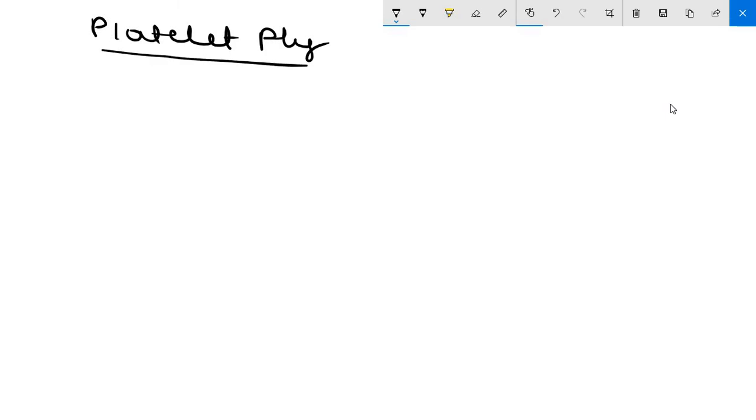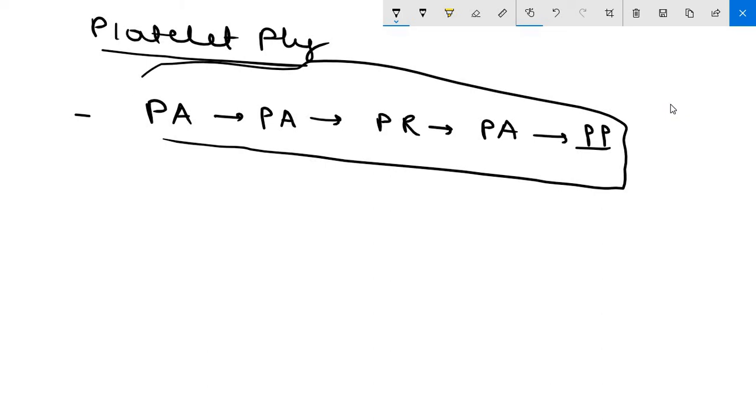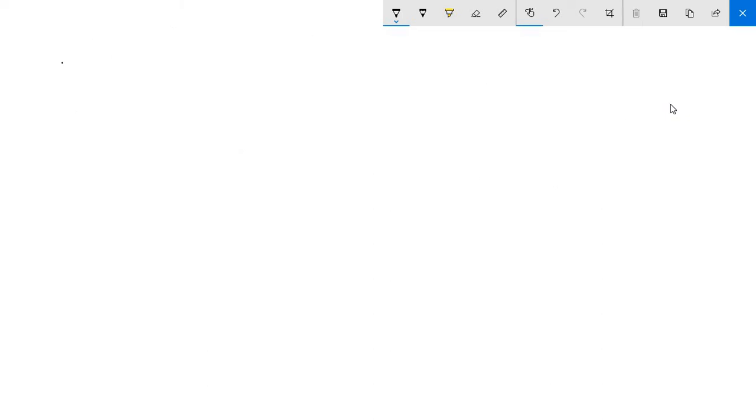Clear? So the main steps are as follows. First, there will be platelet adhesion, then platelet activation, then platelet release, then platelet aggregation, then formation of the platelet plug. So these are the basic steps followed in platelet plug formation. Clear? Now we'll discuss in detail.